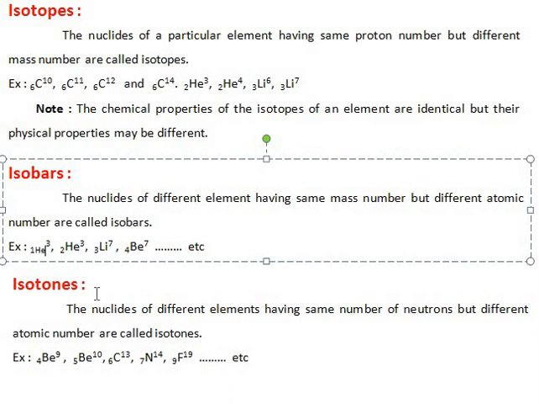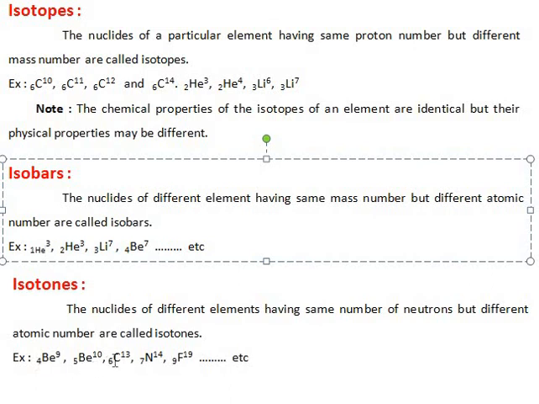Next, isotones. The nuclides of different elements having the same number of neutrons but different atomic number are called isotones, dear students. Clear? Here you can see 4 beryllium 9, 5 boron 10, 6C13. In the first two, if you find the total number of neutrons, it is equal to 5, and it is also 5 for the other, but the atomic numbers are different, 4 and 5.